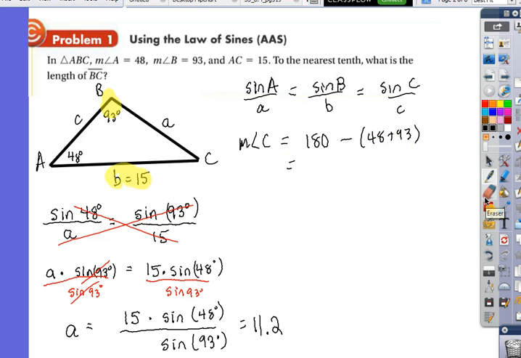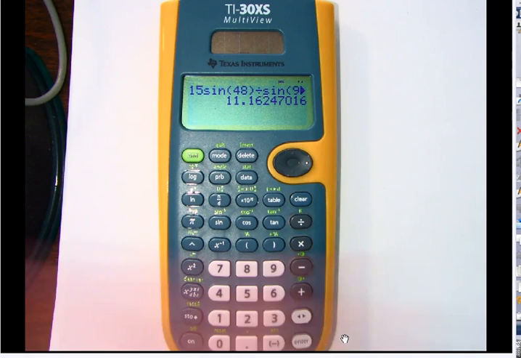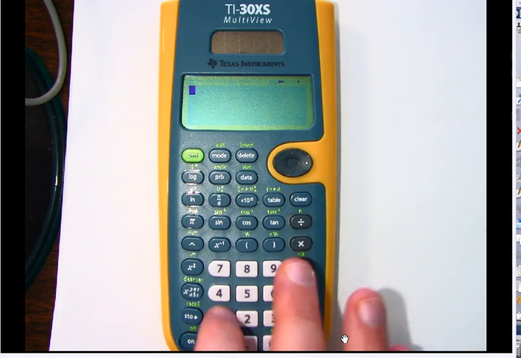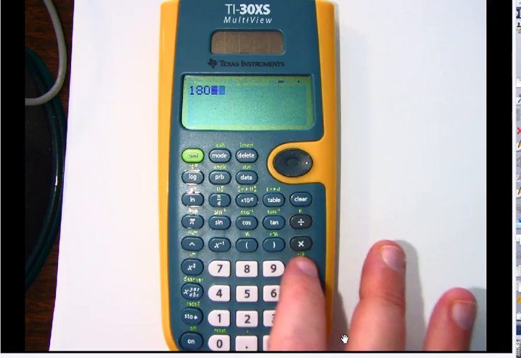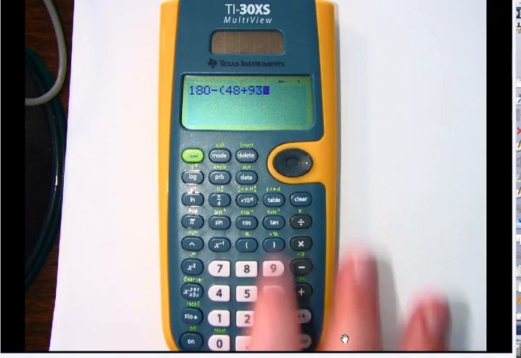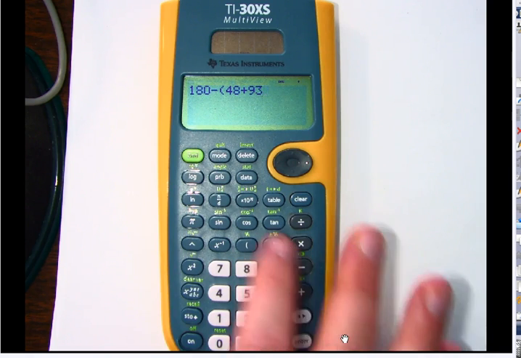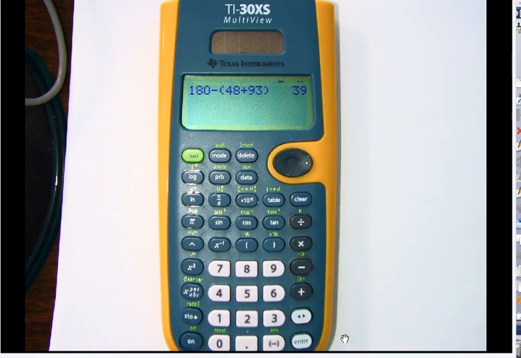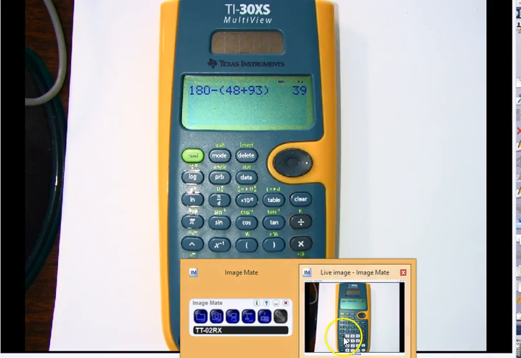So if I do that on my calculator, I'm just showing you how to use parentheses on your calculator now so that you can avoid errors. 180 minus parentheses 48 plus 93, close parentheses. It's 39. The missing angle measure was 39 degrees.